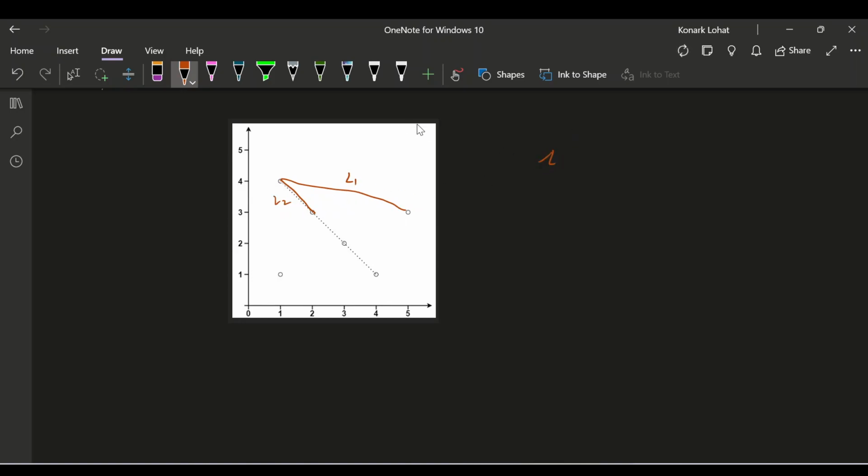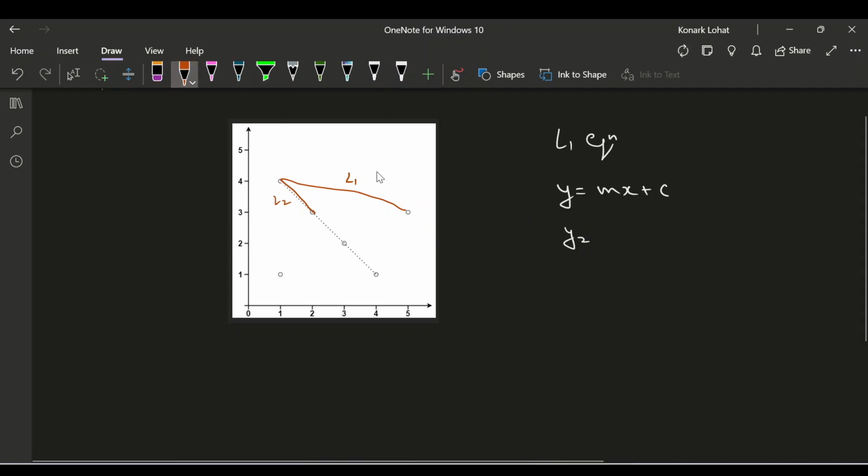Now if I want to check what is the equation for L1, the basic line equation is y is equal to mx plus c. And let's say this is the point, and we don't know what is y. So let's say we are taking y2.